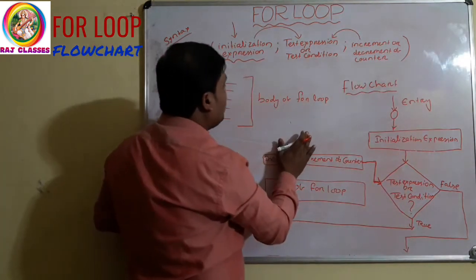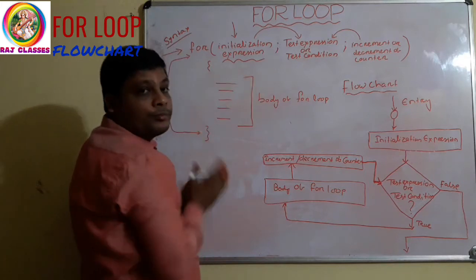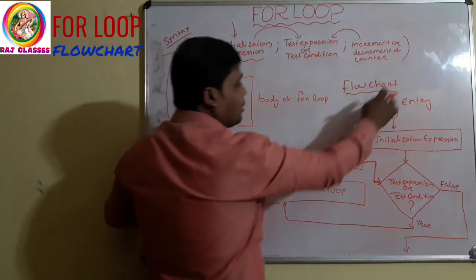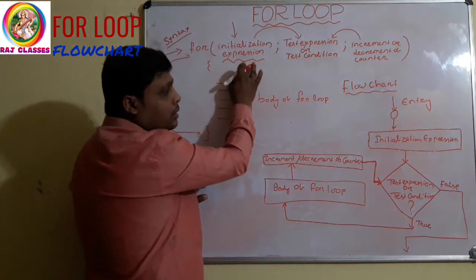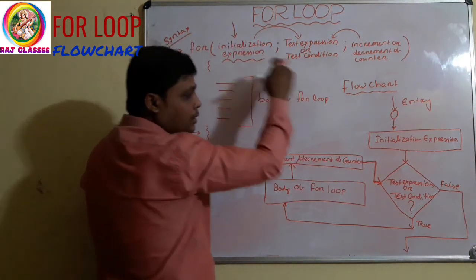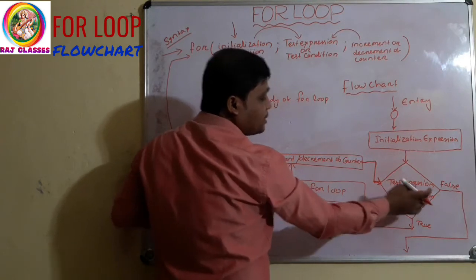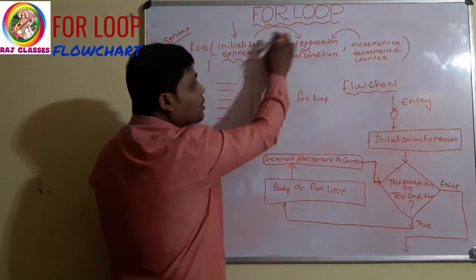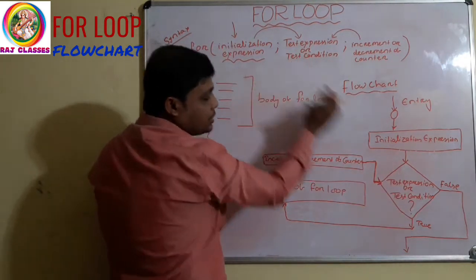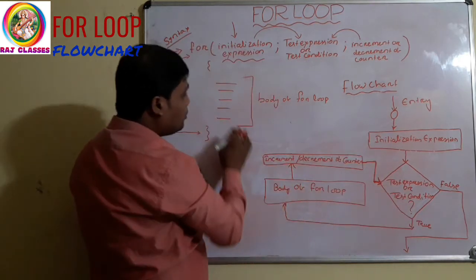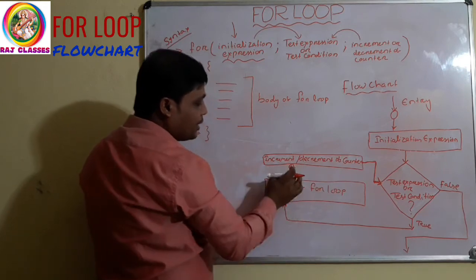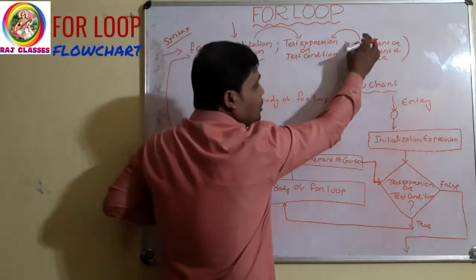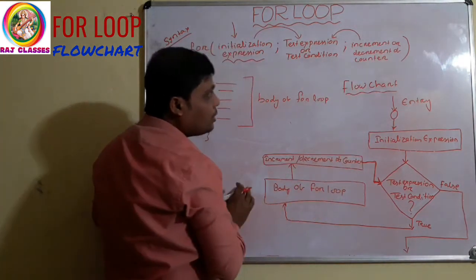This is the flow chart for the for loop. You can see first the initialization expression will be done. Clear? Initialization of a counter will be done. Then it will check the test expression or condition. If this condition is true, then it will come to the body part, and the body of the for loop will execute. Then control will go to which part? Increment or decrement of the counter.